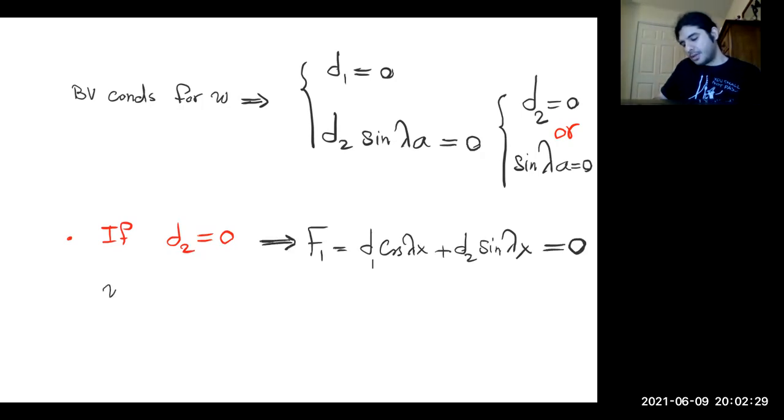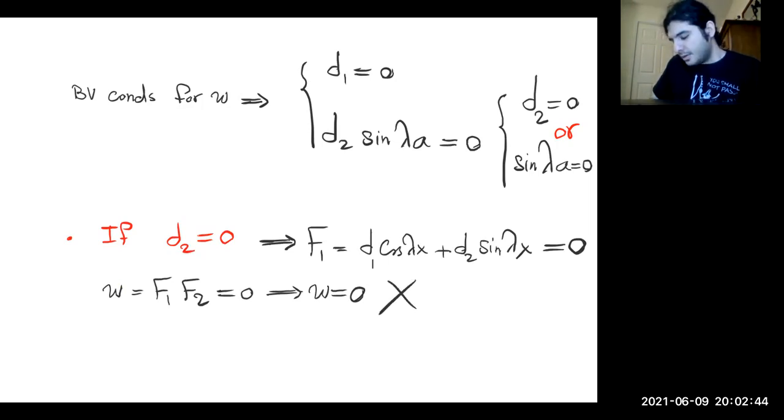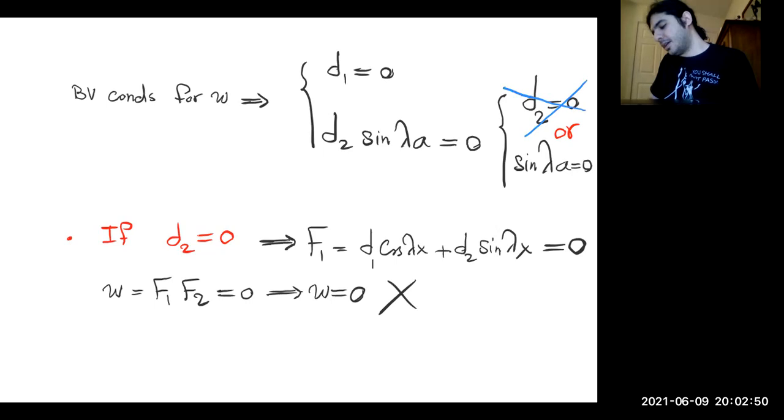And if f1 is 0, w, which was equal to f1 times f2, would be 0. So w is just 0. And this is not the solution we are looking for. W being 0 is not the interesting solution. So we don't want D2 to be 0. So we are just left with one case. Sine of lambda A should be 0.